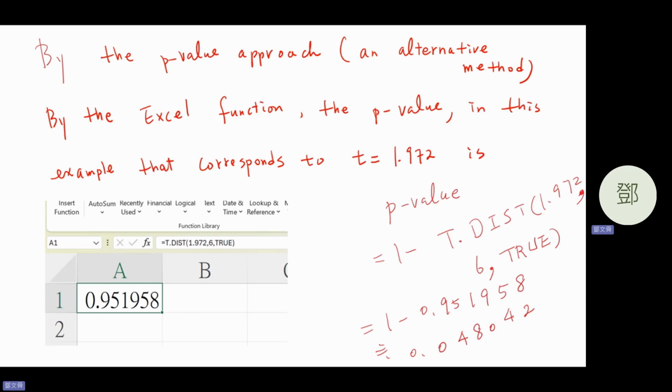One minus the result is the p-value. So in this example, the p-value is 0.048, which is much bigger than half of the level of significance. So the evidence is not strong enough.